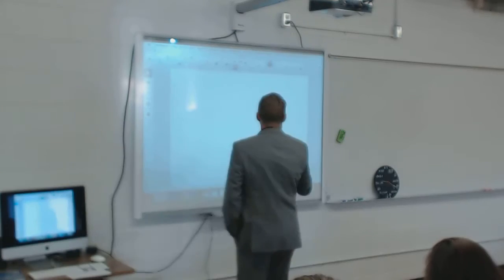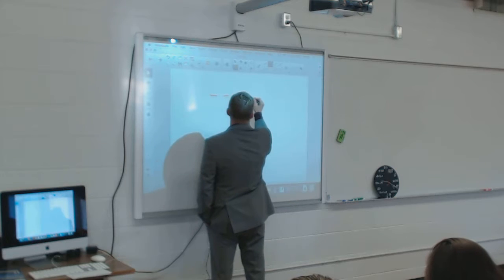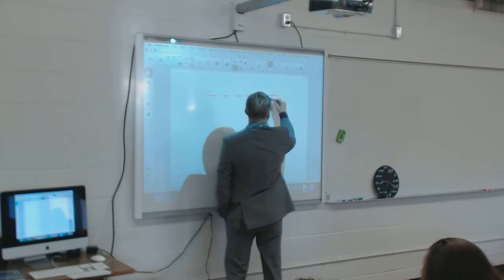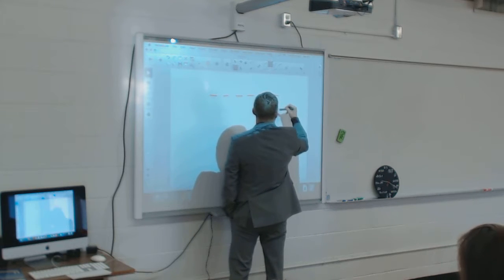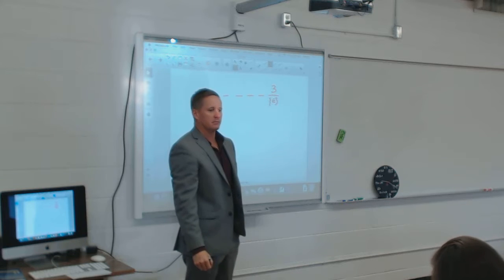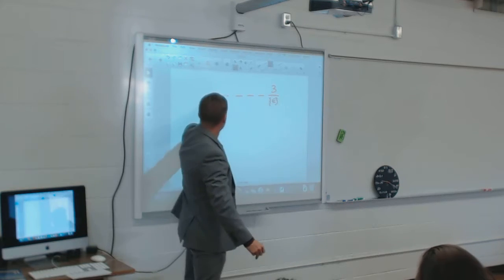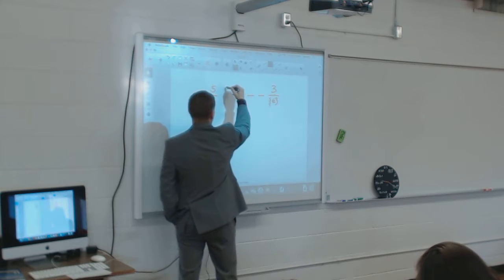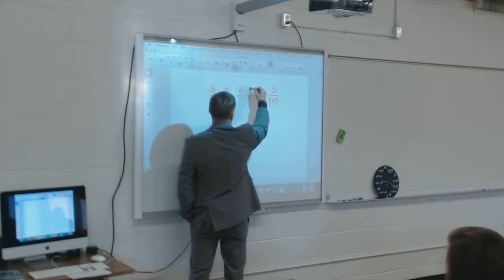So it's blanks, right? The last one has to be even. How many choices do I have? 3 choices, so I pick one of those even numbers. How many choices do I have here? 5, 4, 3, 2.